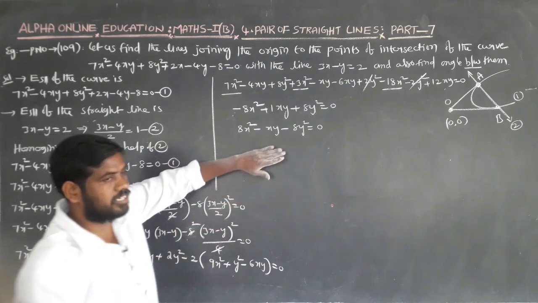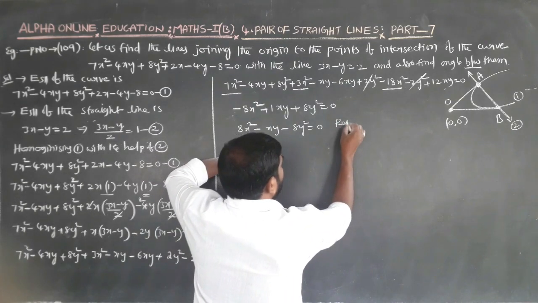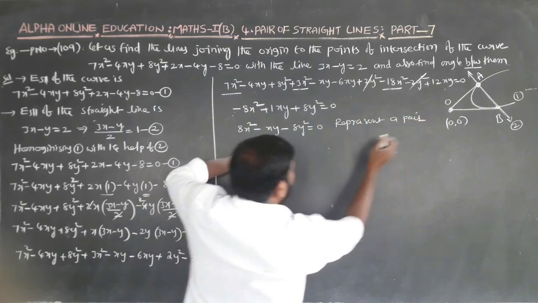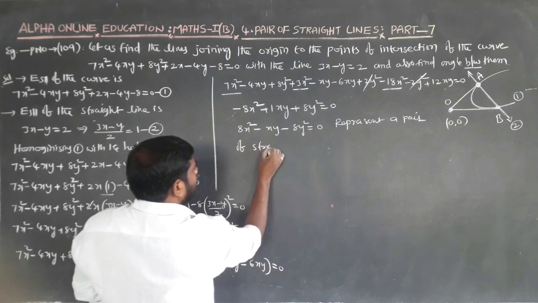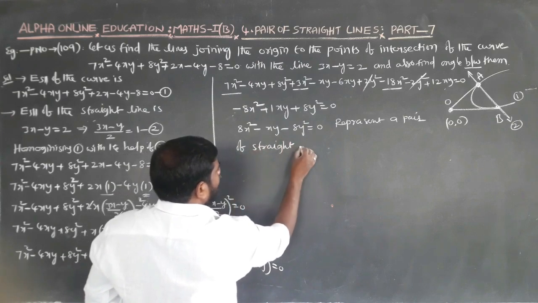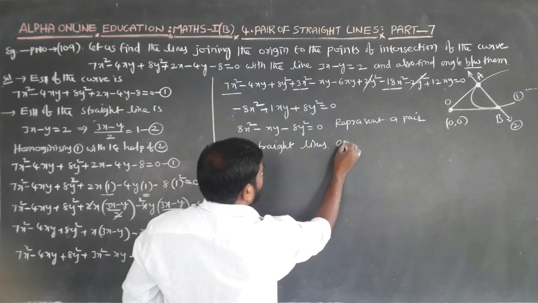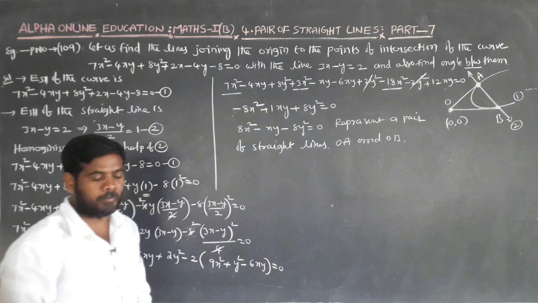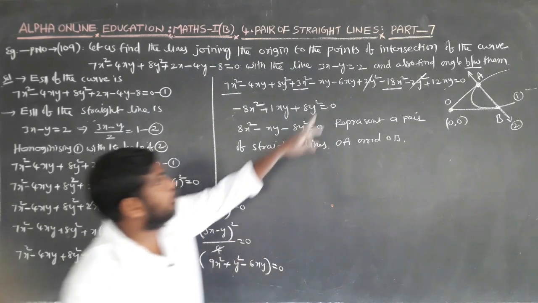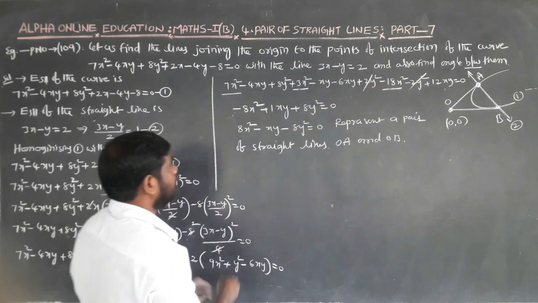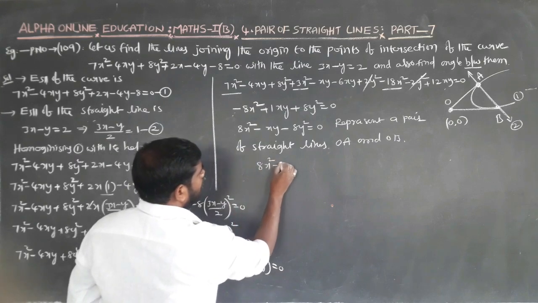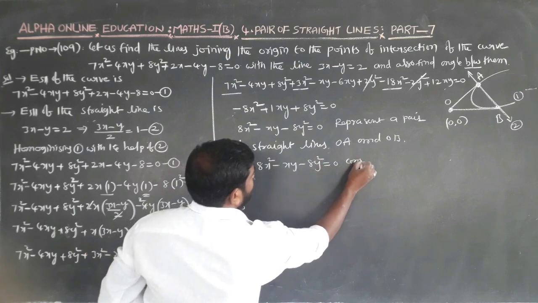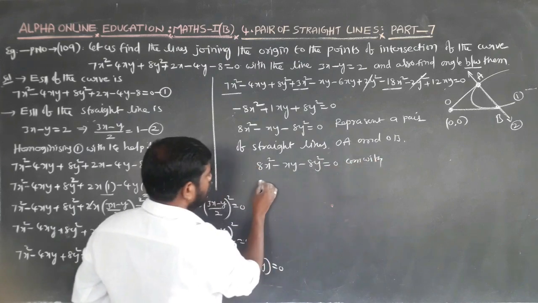This is the equation representing a pair of straight lines OA and OB, and we also find the angle between them. Equation 8x² − xy − 8y² = 0.